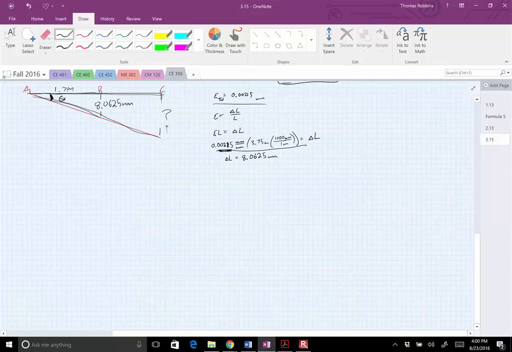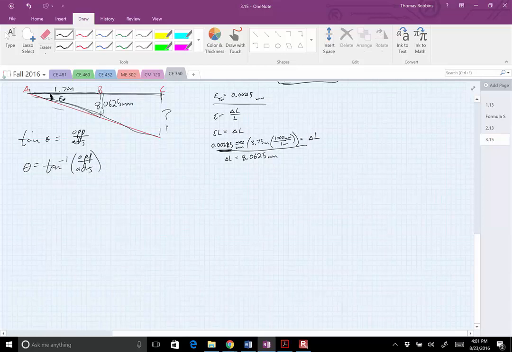So tangent theta equals opposite over adjacent, so theta equals tan inverse of opposite over adjacent.